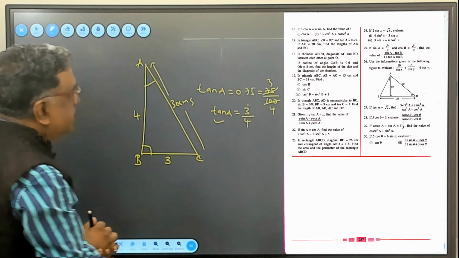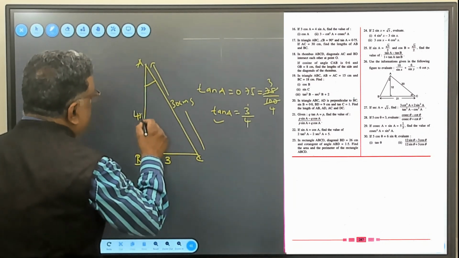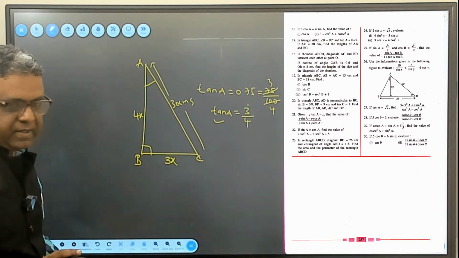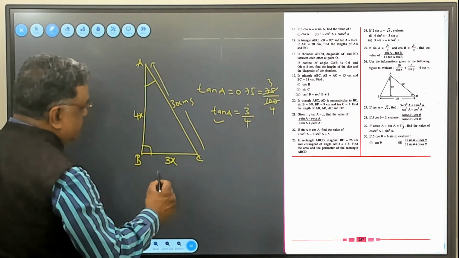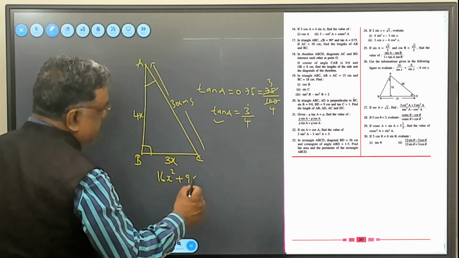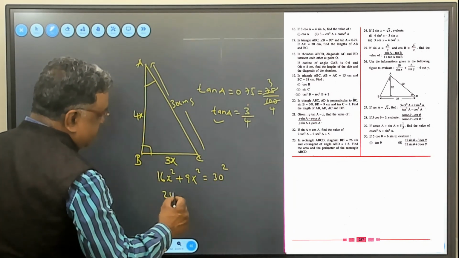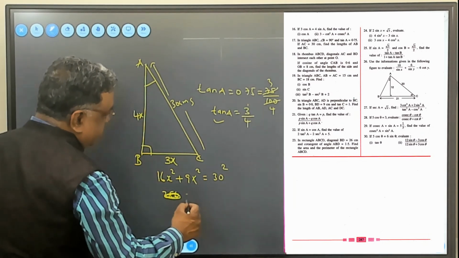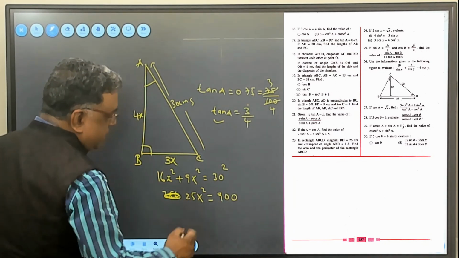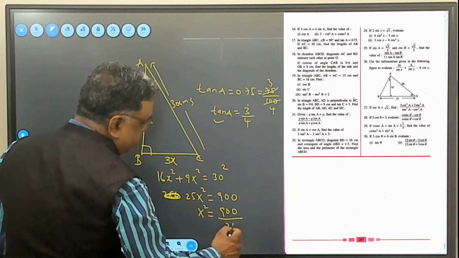So let us try to understand. Can I assume this as 4x and this as 3x in actual quantity, and I apply the Pythagoras theorem. So this will be 16x square, this will be 9x square, equals 30 square, which means 25x square equals 900, which means x square becomes 900 upon 25.